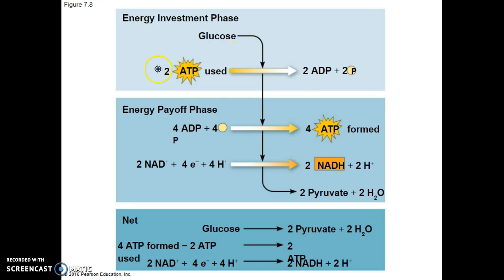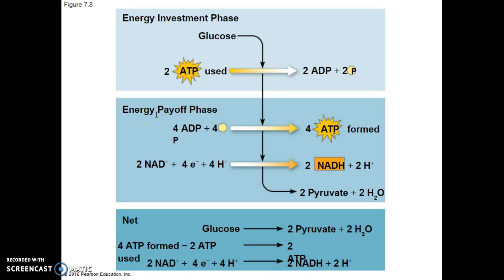In that process, two ATPs are used and two ADPs are formed. From the investment phase, fructose is unstable, which causes it to split in half to form two 3-carbon sugars, DHAP and G3P. Once we figure out which one makes it to the energy payoff phase, which is G3P, we start off with the energy payoff phase.